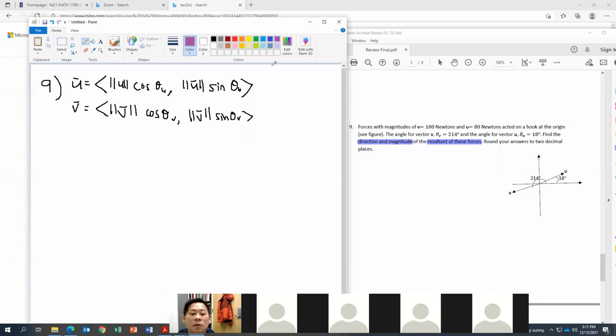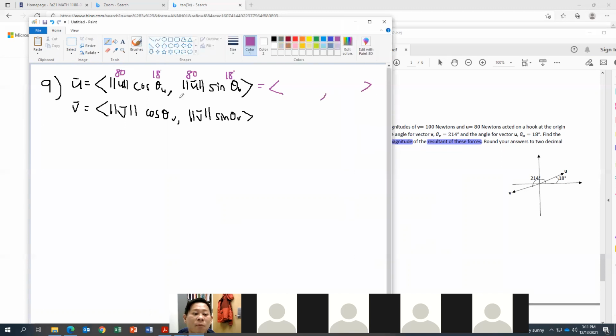So you just read this question and they will tell you the magnitude of U. Magnitude of U is 80, and theta U is 18 degrees. So take out your calculator and type what is 80 times cosine 18 degrees. That will be the first one.